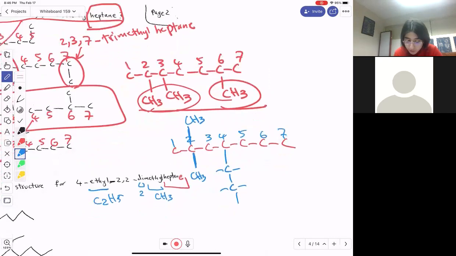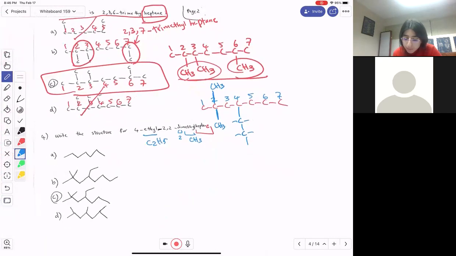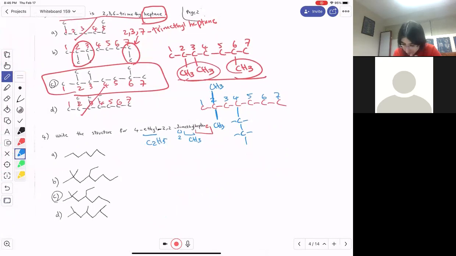Now let's see which one is this one. You can have the branches both at one side. Don't get confused. The point is that this one doesn't have any branches, it's just heptane itself.